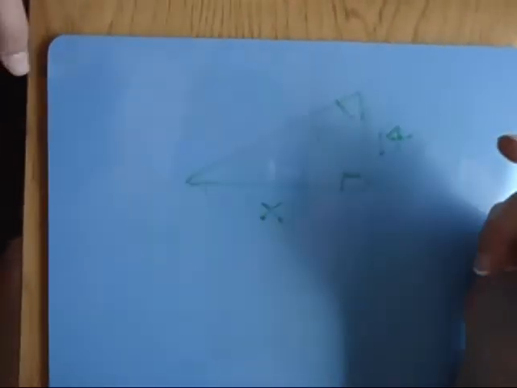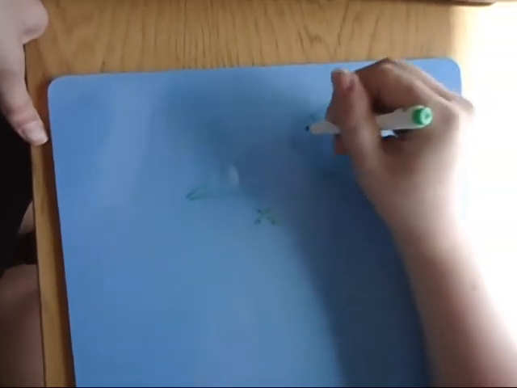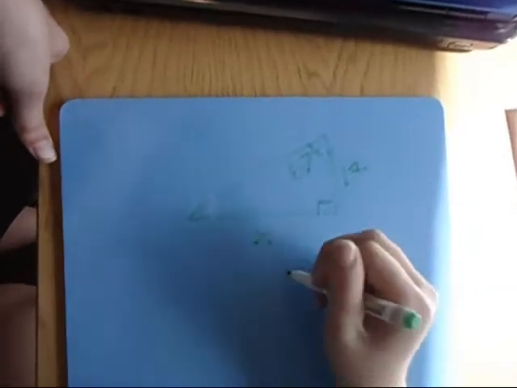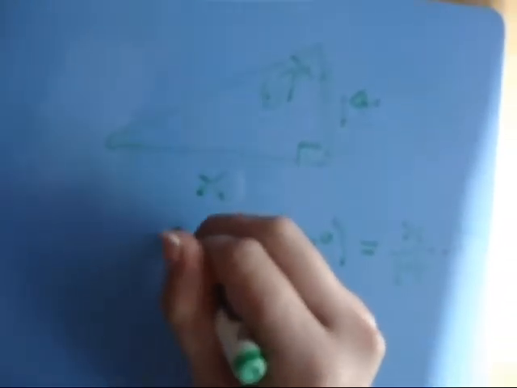This angle is 67 degrees. The equation would be tan 67 degrees equals x over 14. Now, to get x by itself, you multiply both sides by 14.